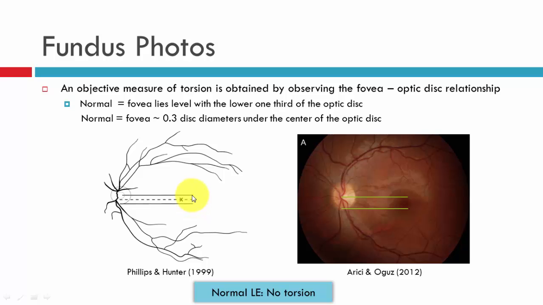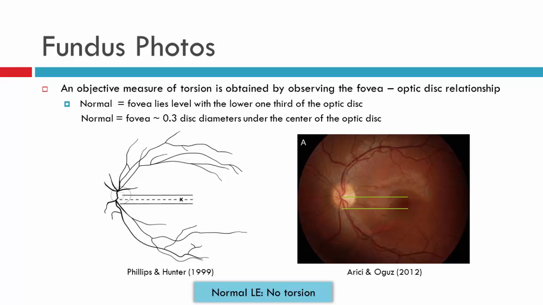The centre of the disc, this line here, is considered trace torsion. It means you're at the border of normal and torsion. The bottom line also has the same meaning. It is trace torsion. You're at the border of normal and torsion. Let's have a look over to the right.